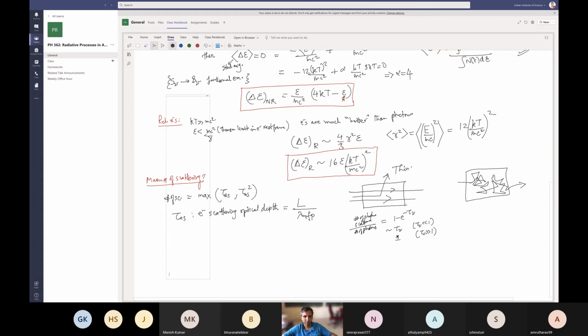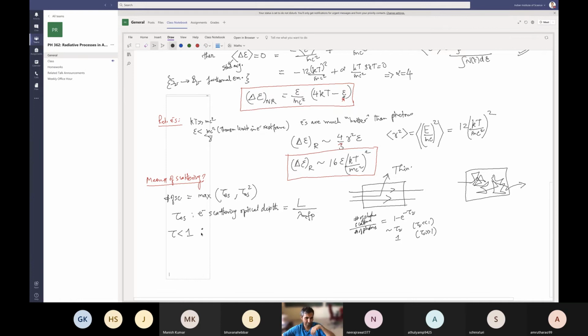So the number of scatterings in this case is just tau nu, which is L by the mean free path. When tau is less than 1, what is the maximum of tau squared and tau?